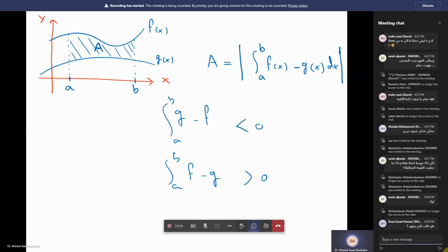Okay, so by absolute value, we have the same value. For example, this is negative 5, this is 5. This is the same value with absolute value. Okay, so we must put the absolute value to avoid the negative, or check f above g or g above f.